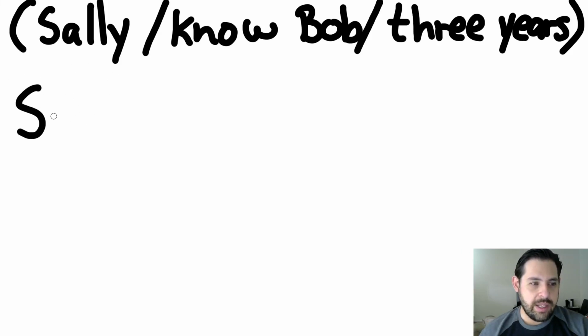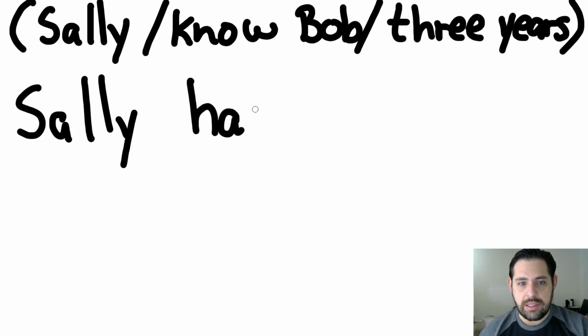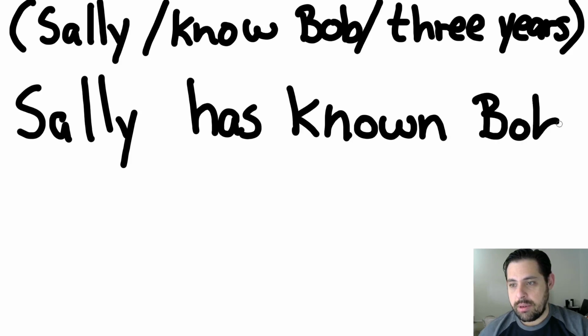Our subject is Sally. And then our present perfect. How do I do this? Has. The past participle of to know is irregular. Known. Bob. Now, here we have 3 years.